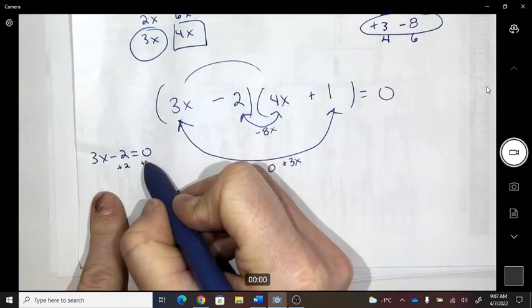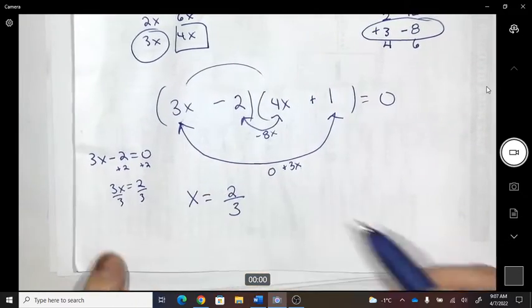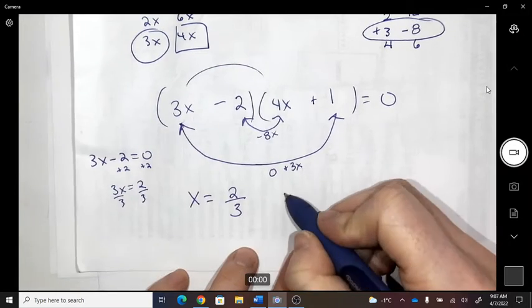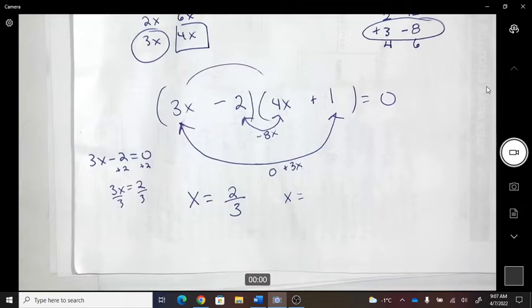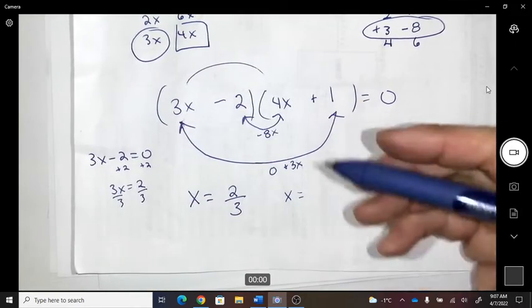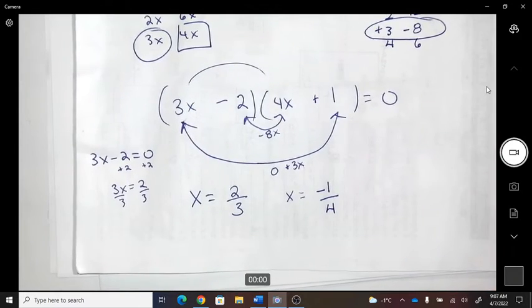I would have to add 2 and divide by 3. So that's how I got it. Okay, so if I do the shortcut in this one, it would be what? Opposite, -1 over 4.